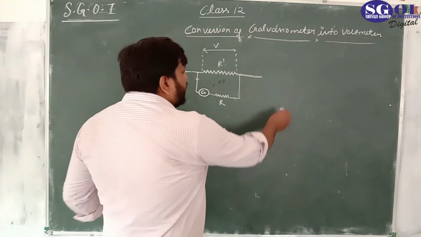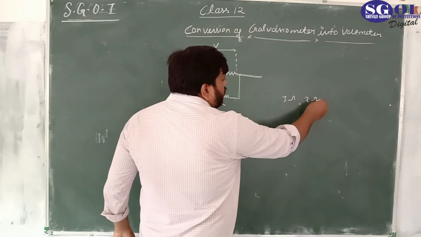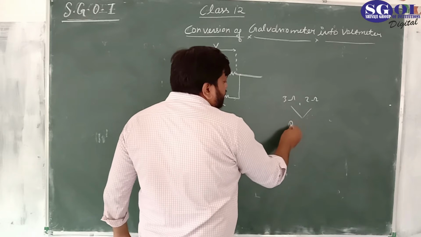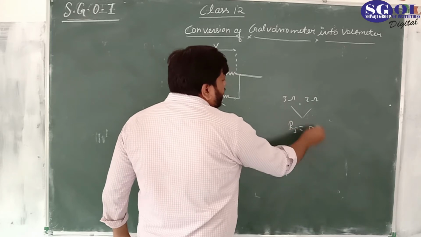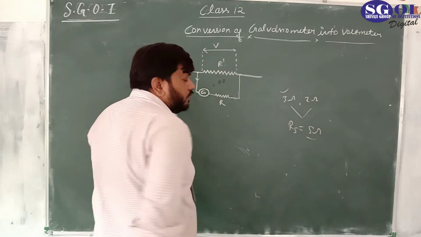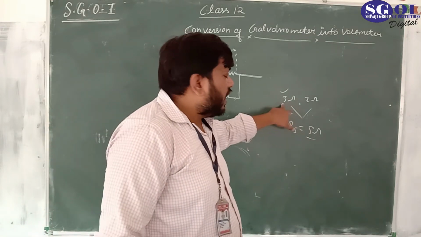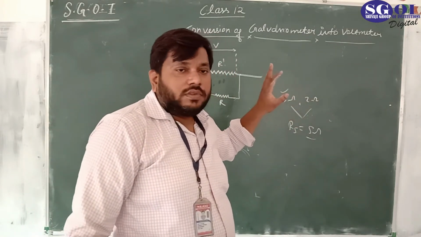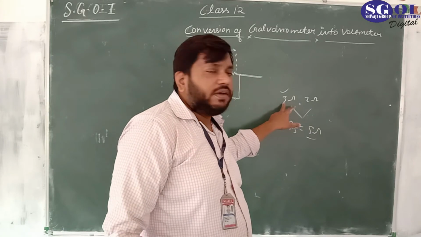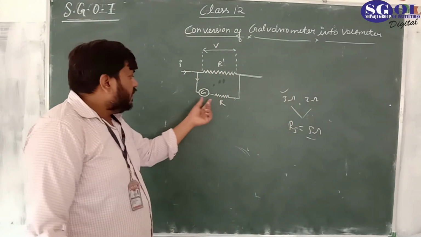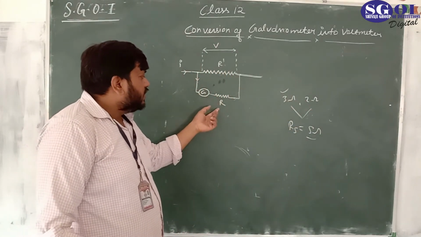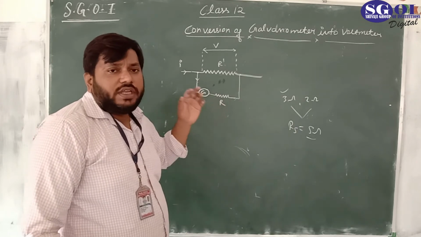With 3 ohm and 2 ohm, the series equivalent would be 5 ohm, which is greater than both of them. So if we want to increase the resistance, we have to put a very large resistance.